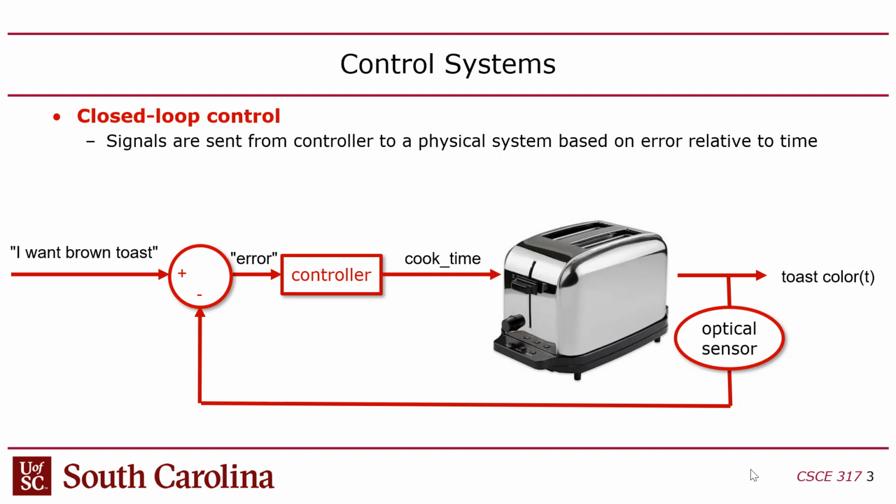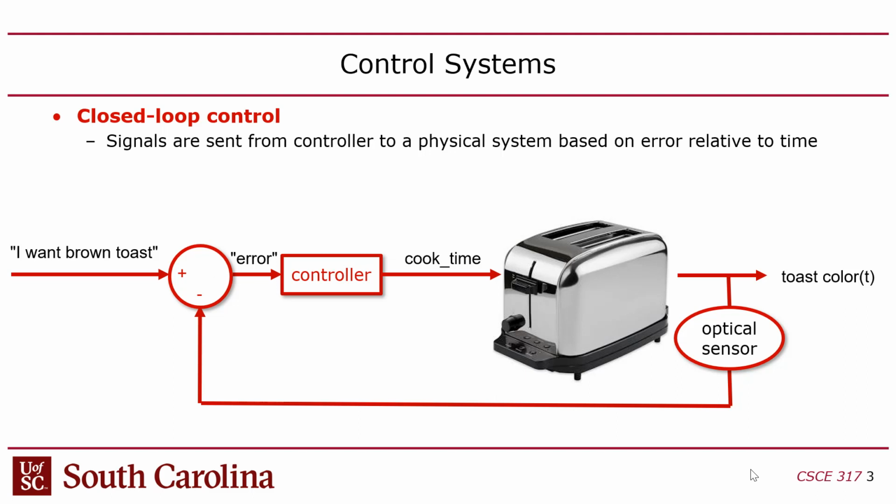So in this case, you have a set point, and then you have this subtraction where you take the set point and you subtract the actual output from the plant. And then this creates an error signal, which is how far you are from your set point. And you feed that into the controller, and then you use that as the input to the controller to then control the plant.